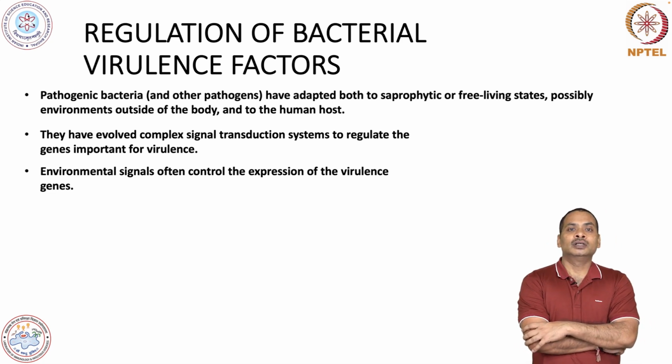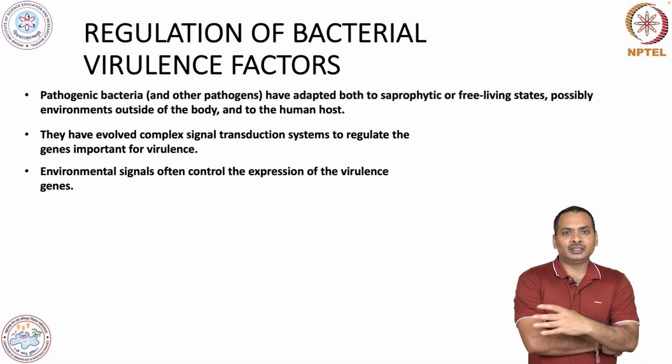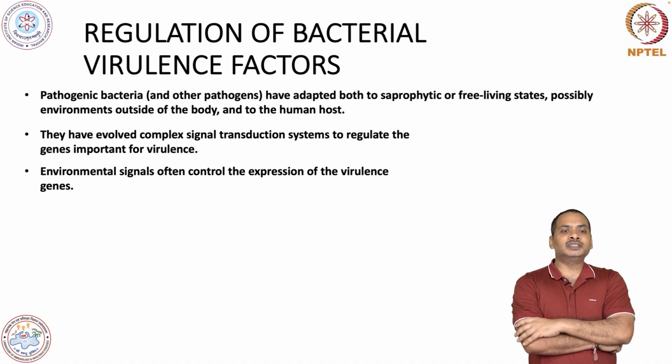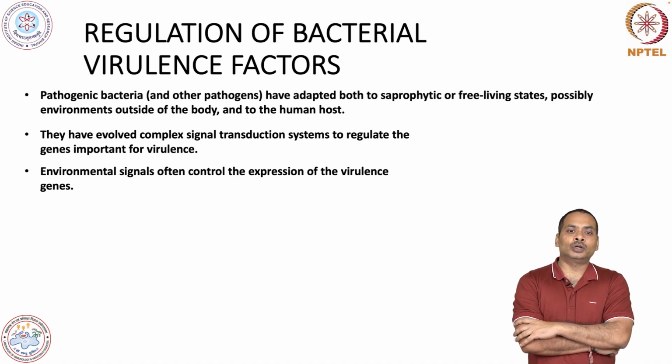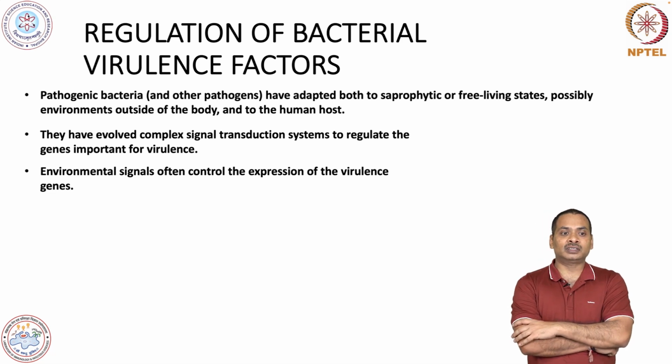So how should they be expressed? Here the most important thing is that these bacteria sense the environment. This environmental signal is most important to control the expression of these virulence factors.